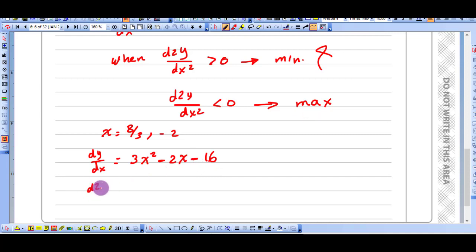Now d2y by dx squared is equal to 6x minus 2.